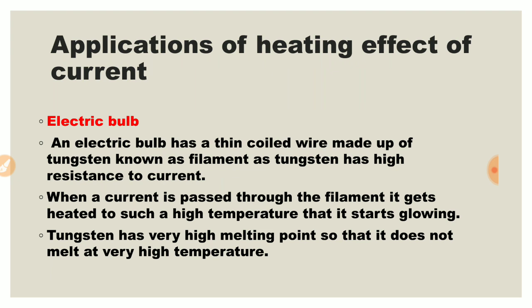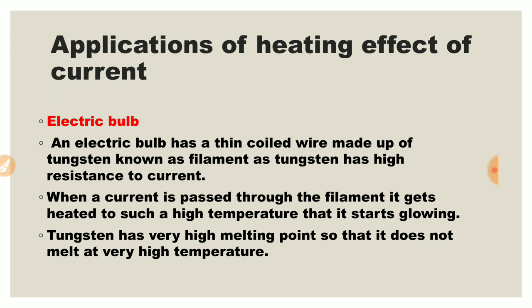So now we have to study the applications of heating effect of current. In day-to-day life, we use the heating effect of current, like in electric bulb. First of all, we'll study about electric bulb. In electric bulb, there is a thin coiled wire made up of tungsten.